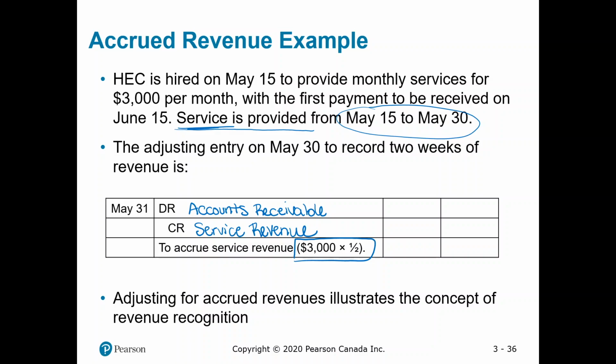We're providing this for a month. We've done these first 2 weeks, so we will record this for half of that contract, $1,500. And by doing this, we're showing this concept of revenue recognition. We're recording it because it has been earned.